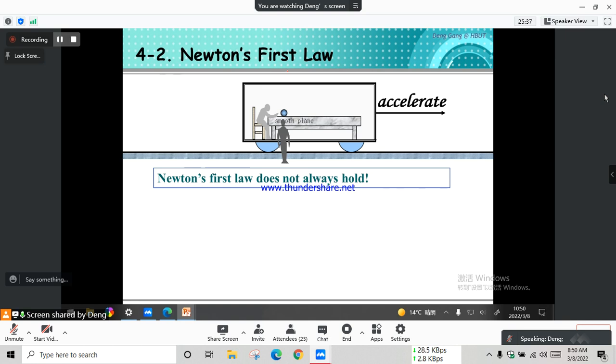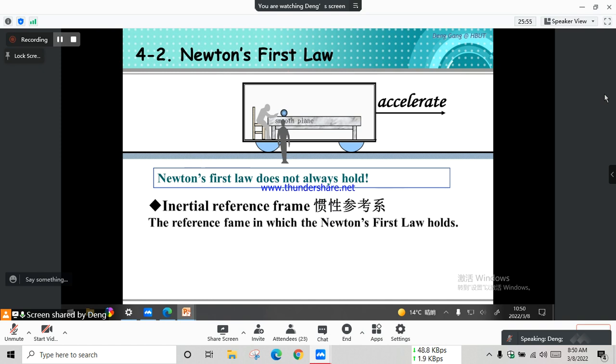So that means that Newton's first law does not always hold. There should be requirements, or Newton's first law holds only in special situations, like this. In what kind of requirements? We can see the difference between these two observers as they choose different references.